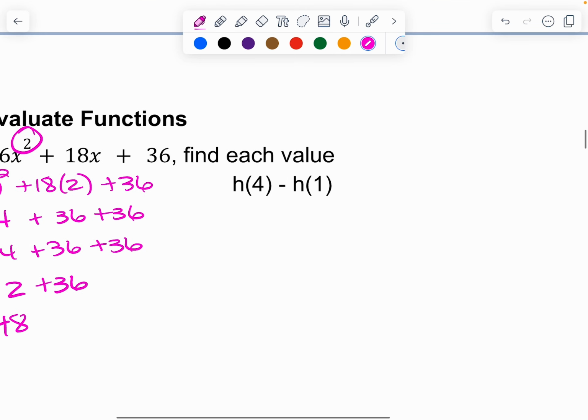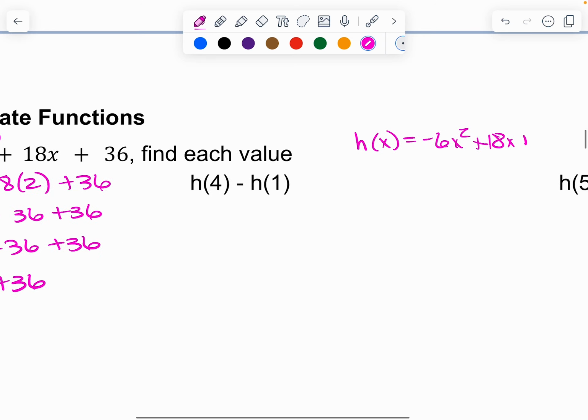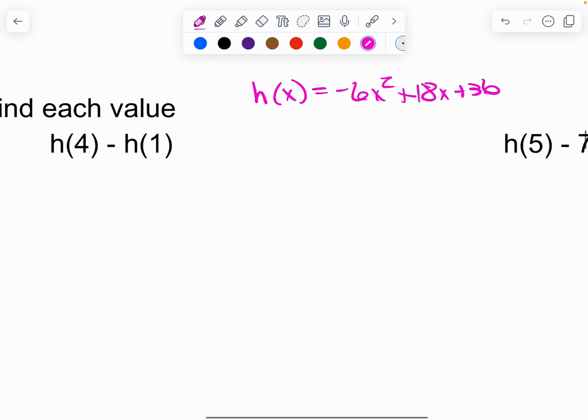So I'm going to write this over here. H of x equals negative 6x squared plus 18x. It's just easier to see. That's why I'm writing it there. Okay, now I'm going to replace with the 4.